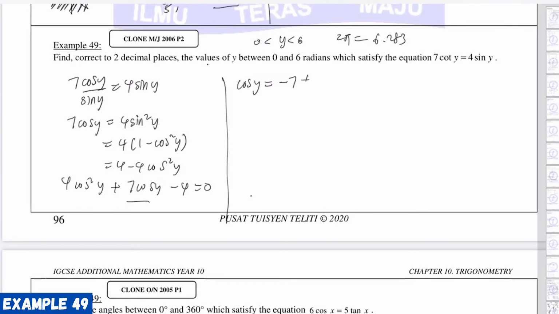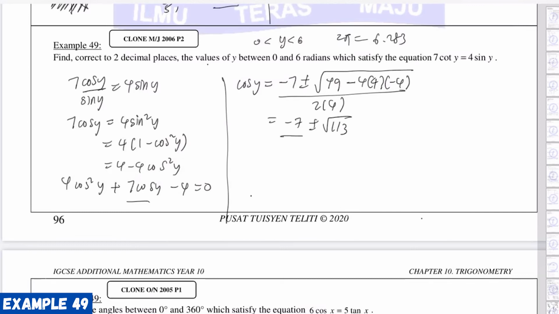Yeah, so when you use the quadratic formula, it's negative b plus minus square root of b squared, 7 squared, right? 49 straight away, minus 4ac, a is 4, c is negative 4. So divide by 2a. And this one, when you type in calculator, 49 plus 64, 113, divide by 8.